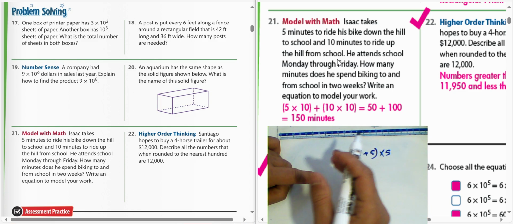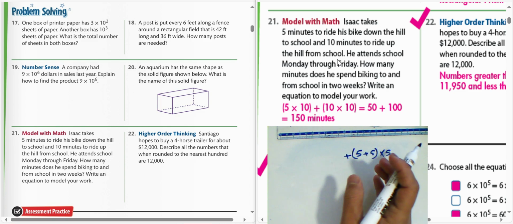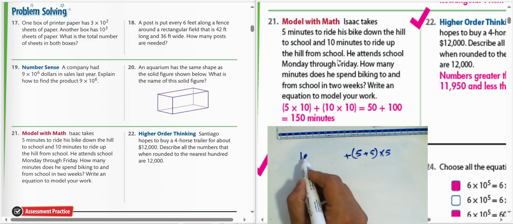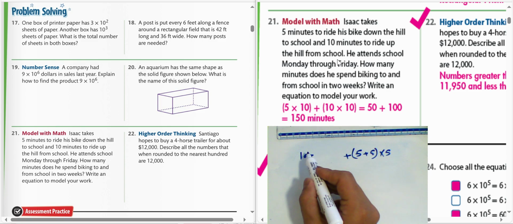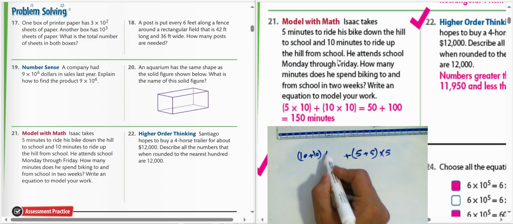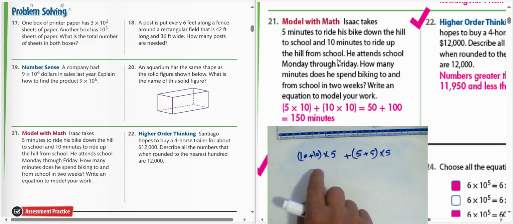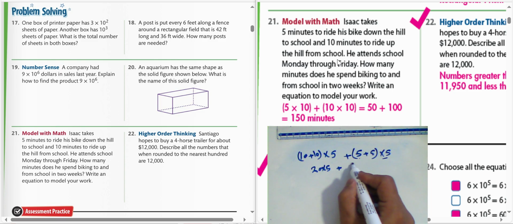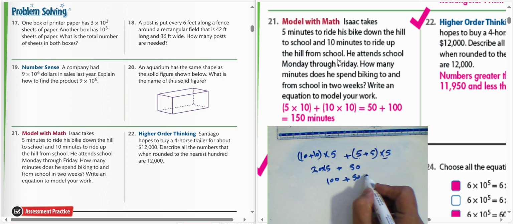And if he wants to ride up the hill from school, he will take 10 minutes, 10 minutes going and 10 minutes back, multiplied by the number of days, 5 days. 10 plus 10 is 20, 20 times 5. And here 5 plus 5 is 10, 10 times 5 is 50. Then the result will be 100 plus 50. It will be 150.